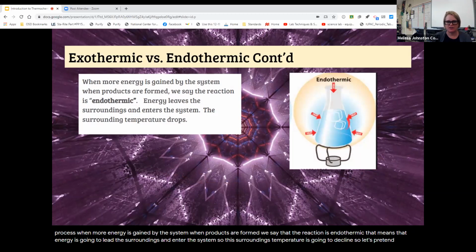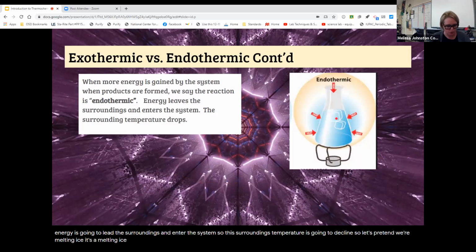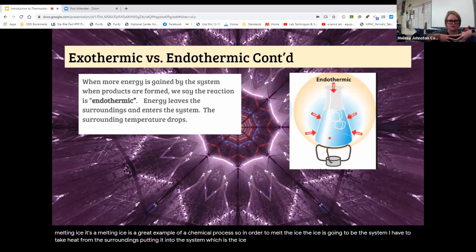So let's pretend we're melting ice. Melting ice is a great example of a chemical process. In order to melt it, the ice is going to be the system. I have to take heat from the surroundings, putting it into the system, which is the ice cubes, in order to get the solid ice to turn to liquid water.